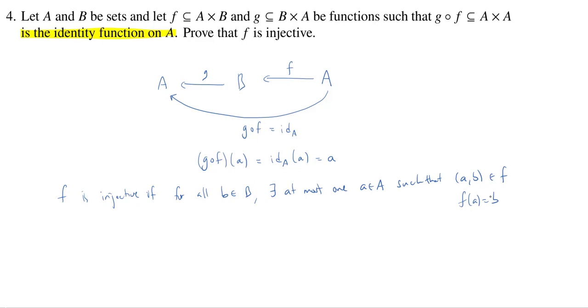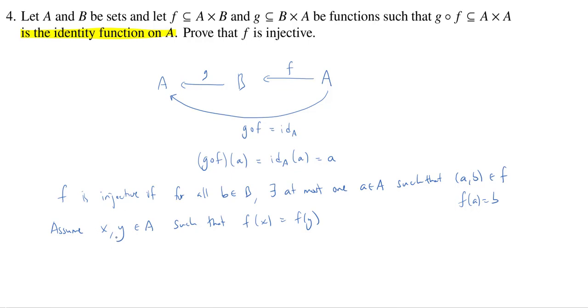Now that's the strict definition. A very handy way to prove that a function is injective is to assume that you have a collision and show that actually they were really coming from the same points, right? So we're going to assume that you have two elements of A, let's call them X and Y, such that F of X is equal to F of Y. So we're assuming that we have a collision.